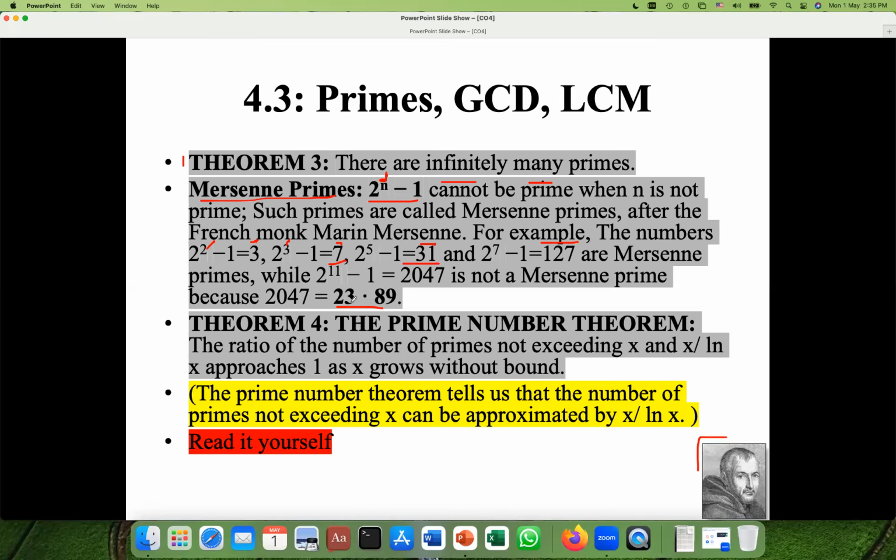They can be divided only by itself or 1, according to your definition, greater than 1. But this 2047 is divisible by 23 and also 89, because when you multiply them, you get 2047. So here it is not a Mersenne prime. So that's why the word is "cannot."